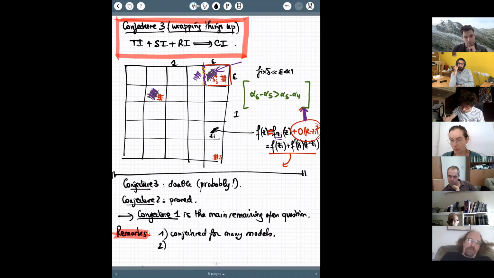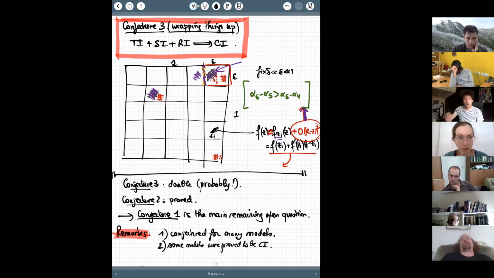And the second remark, which is a very important one, is that sometimes conformal invariance was proved by mathematicians. So some models were proved to be conformally invariant. Only few of them, not that many actually, but still beautiful examples of the strength of mathematicians, because the strategy by which these models were proved to be conformally invariant is not really following this 3-step procedure.